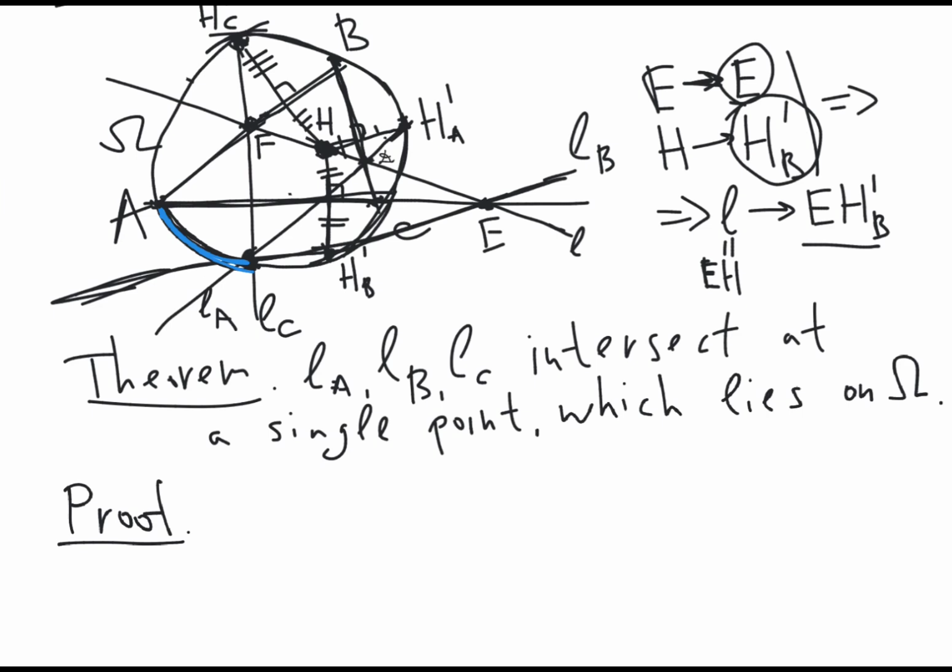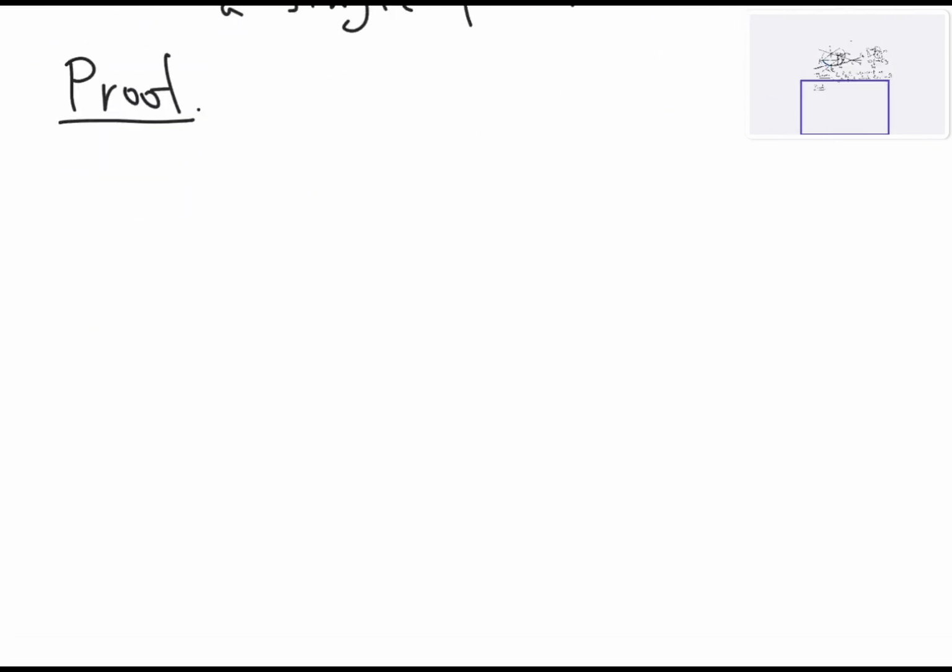So let's draw another picture where these points would be deliberately different. So we have the circumcircle.